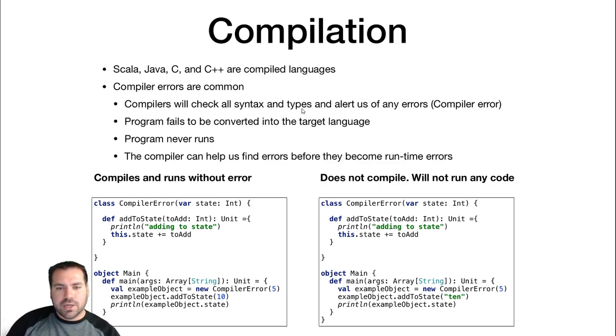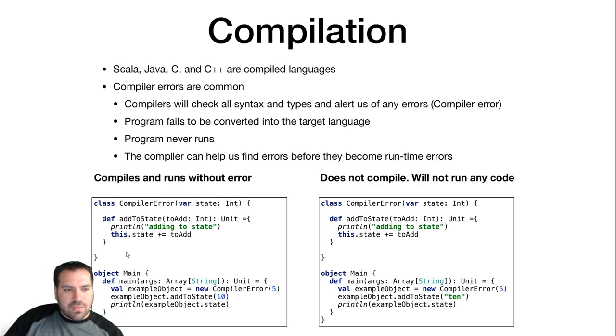So if you're returning one type but storing that return in a variable of a different type, then it's going to give you an error, and it's not going to be able to convert your code into that other language. It won't be able to compile. You'll get a compile error, and then you just can't run the program at all.